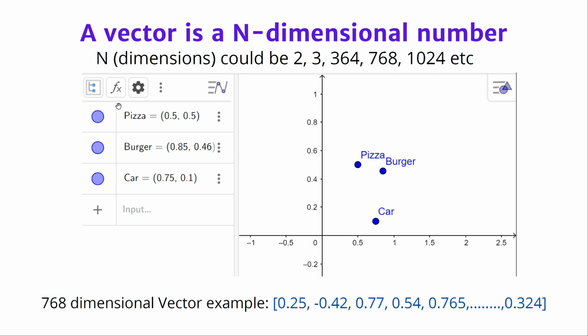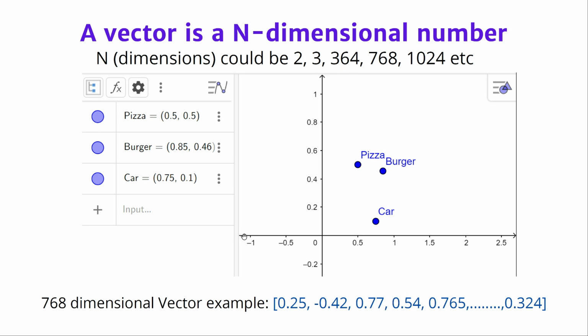So if you are able to convert any word, sentence, or movie plot into a vector, what happens is that now you can easily see from this diagram that pizza and burger are close together in the 2-dimensional space, and car is farther away. Similarly, let's say if you have 10,000 movie plots, you can see which movie plots are closer together, you can cluster them, etc.